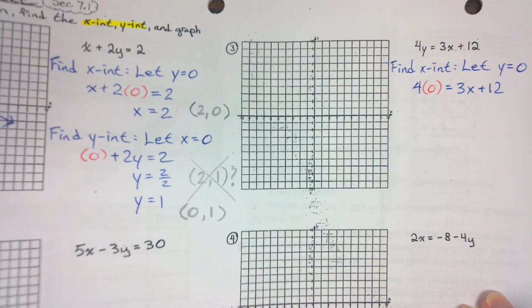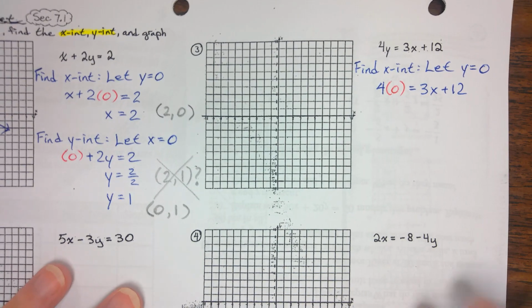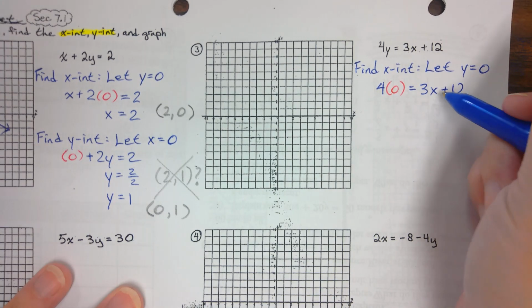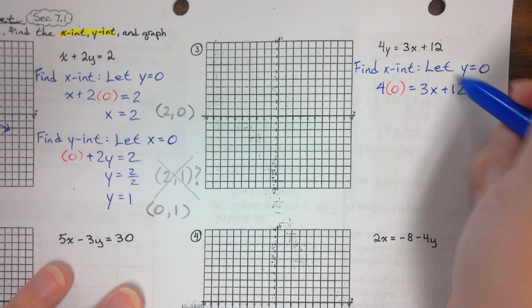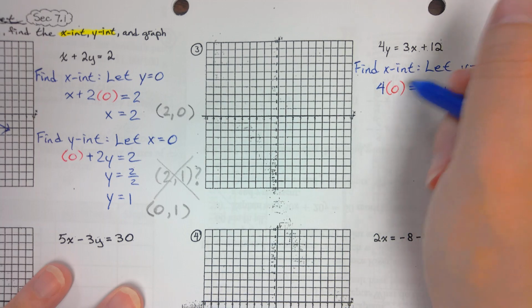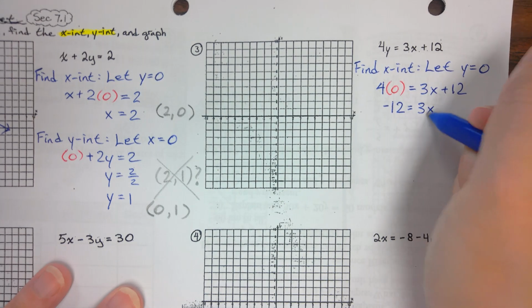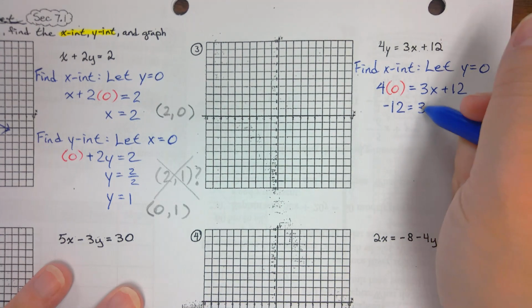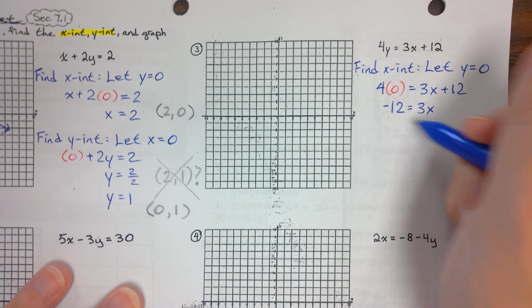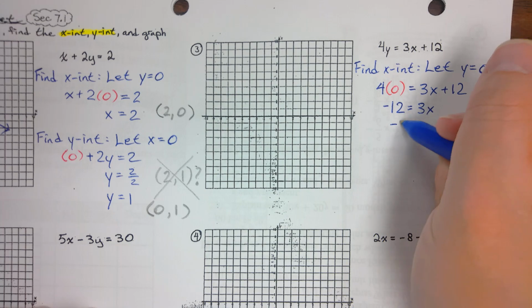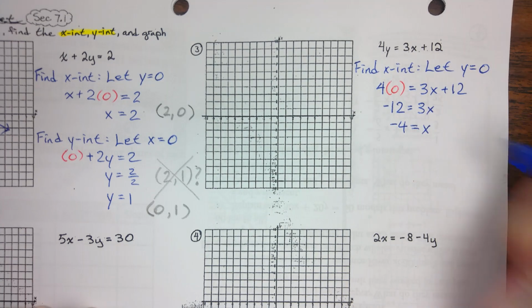Okay. And then to solve for x, that means I have to move that 12 over to the other side. When I move that 12 over, it becomes negative 12. And then last step is to divide by 3. So negative 12 divided by 3, I get negative 4.